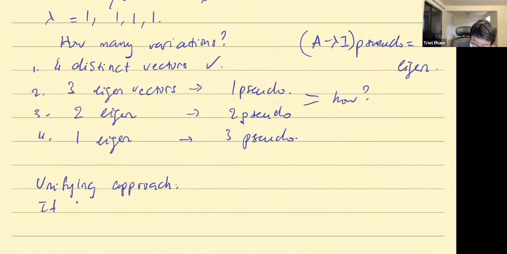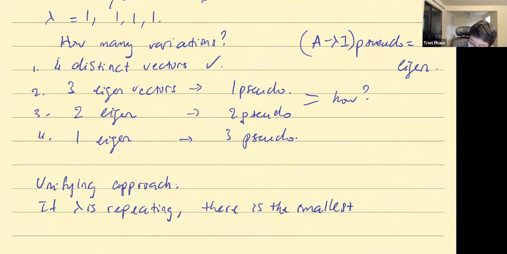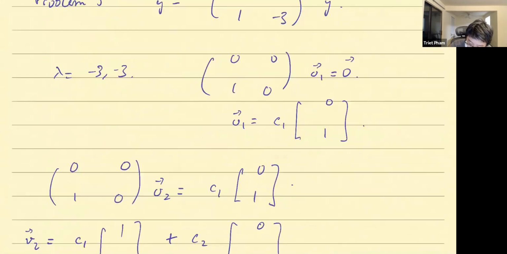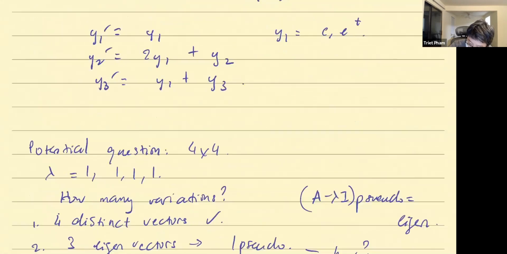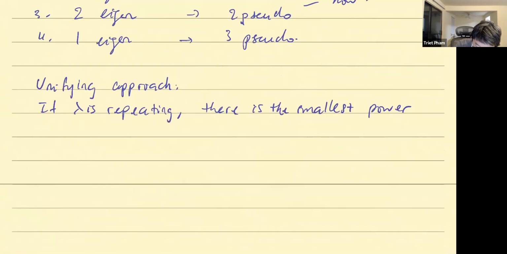If lambda is repeating, there is a smallest power k so that A minus lambda I raised to the k is equal to 0. And this is a 0 matrix.